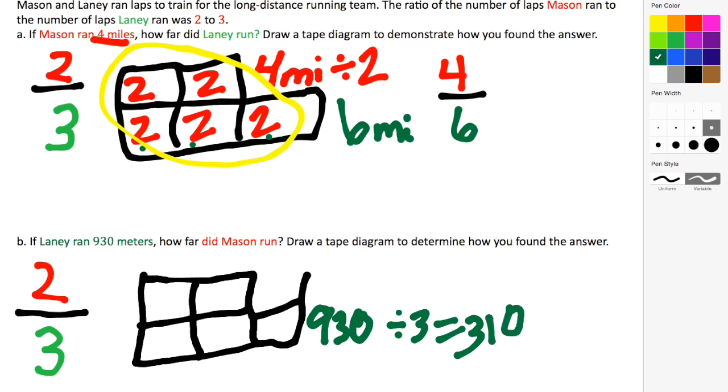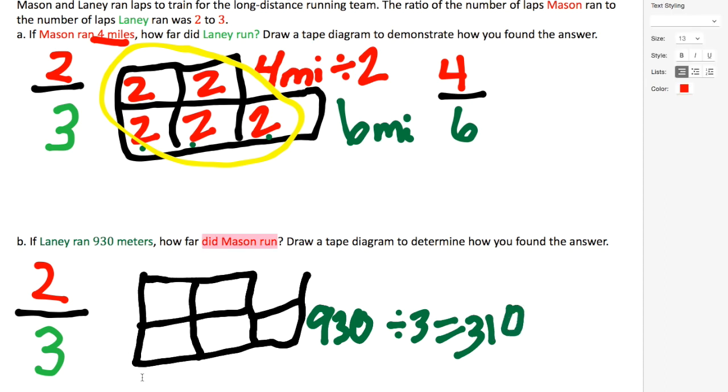That means in every box, I get to put in 310. And this box is 310.